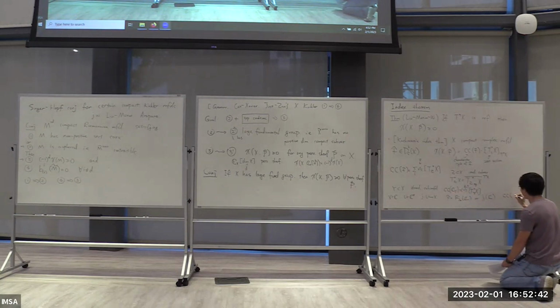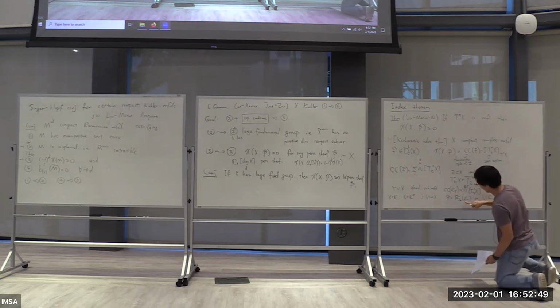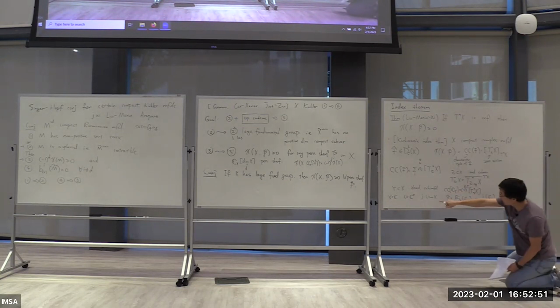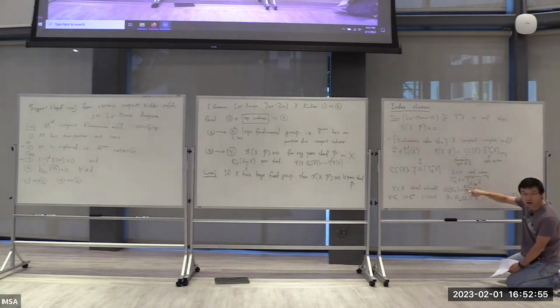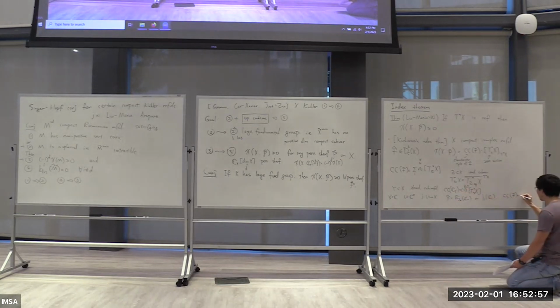The characteristic cycle of F will be, in this case, because everything is one-dimensional, there will be a (-1) to the 1 here. So it will actually be a negative cycle.